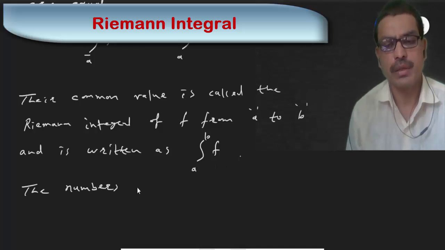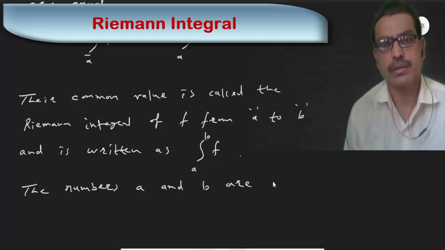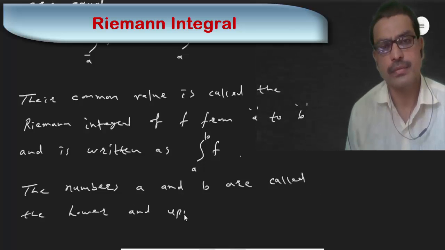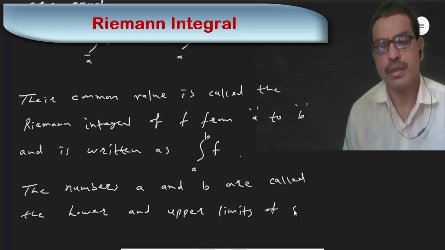The numbers a and b are called the lower and upper limits of integration.